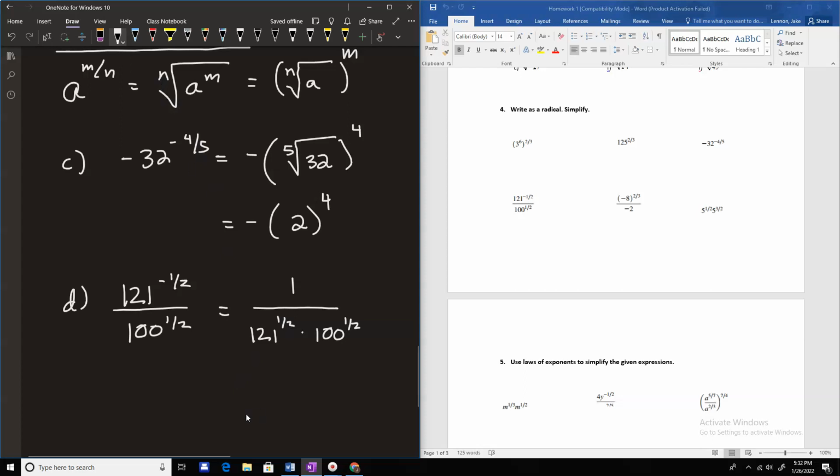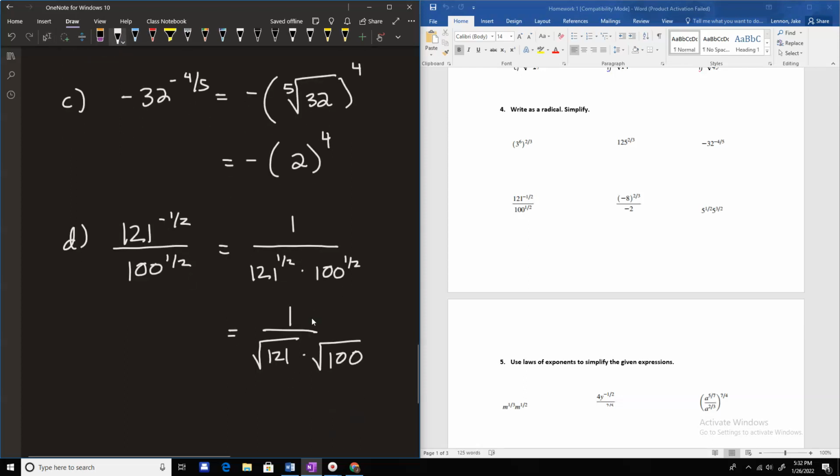So if the root is 2, that's square root. So this is the square root of 121 times the square root of 100. We know both of those square roots because 121 is 11 times 11 and 100 is 10 times 10. So this is just 1 over 11 times 10, or 1 over 110.